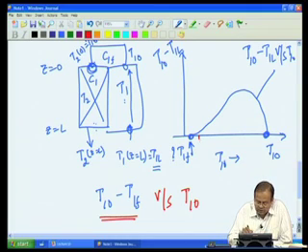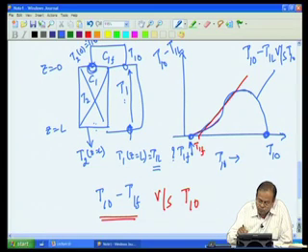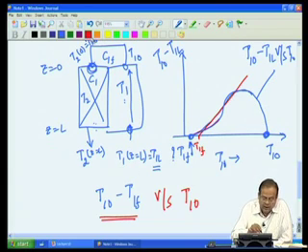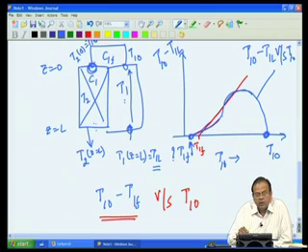So, let us say that this is that point T1 f, that is my feed condition. And what is this line? This is just a straight line starting with T1 f. I am going to cheat a little bit just to make a point. Okay. So, blue line is my T1 0 minus T1 L, my red line is my straight line T1 0 minus T1 f versus T1 0.